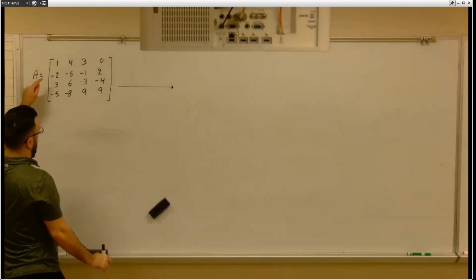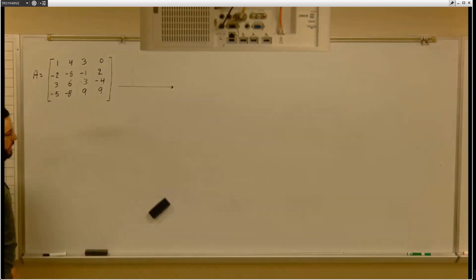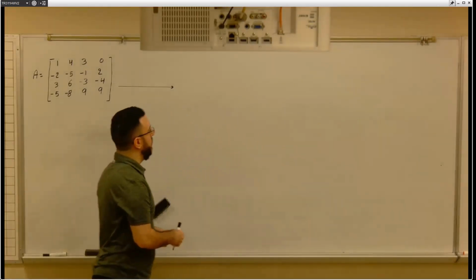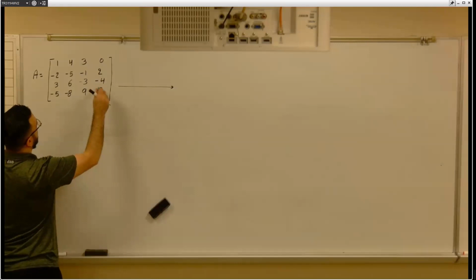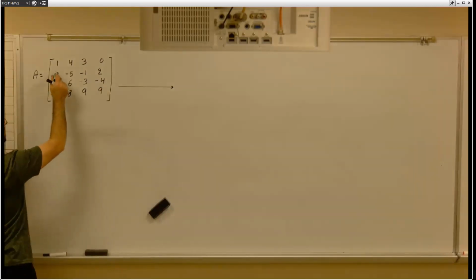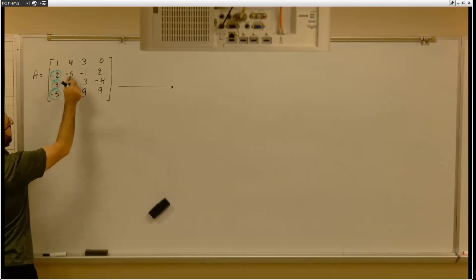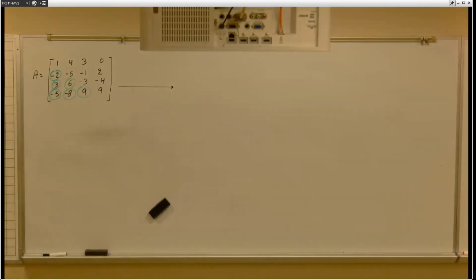So let's start finding the LU factorization. Be careful here. Here's the diagonal. That means I need to compare this one. You see how many elements? I have to convert all these to zeros.